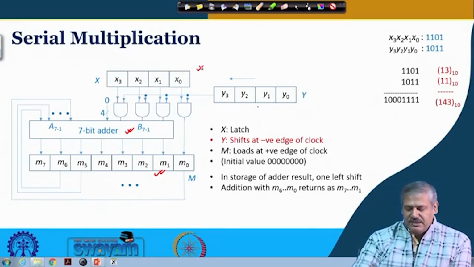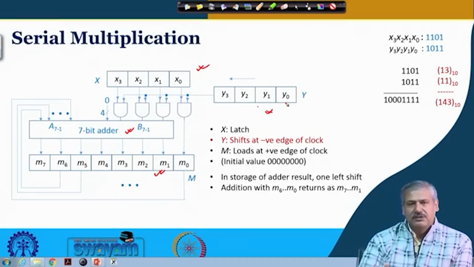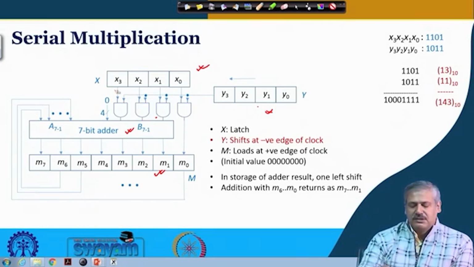This is a latch, this is a shift register, the arrow direction shows that gradually it will be shifted. First we will multiply with y3, we will get the partial product which will get added, then again we will multiply with y2, and this AND gate output will be giving you the bitwise multiplication, y2 multiplying these x3 to x0.